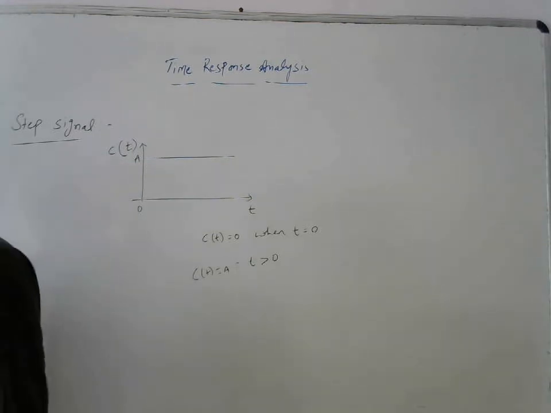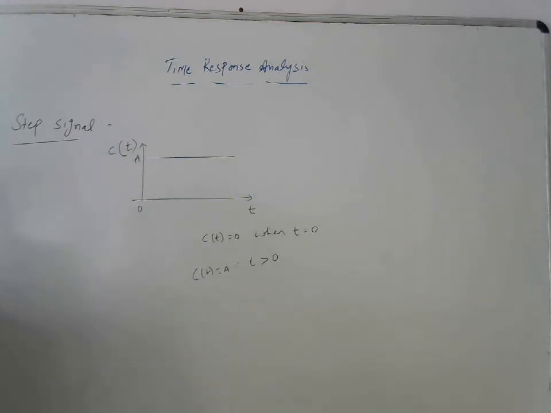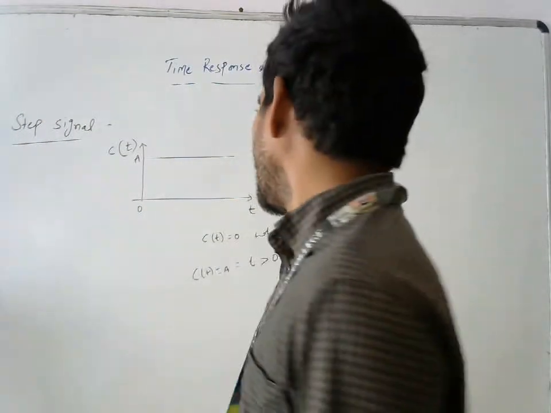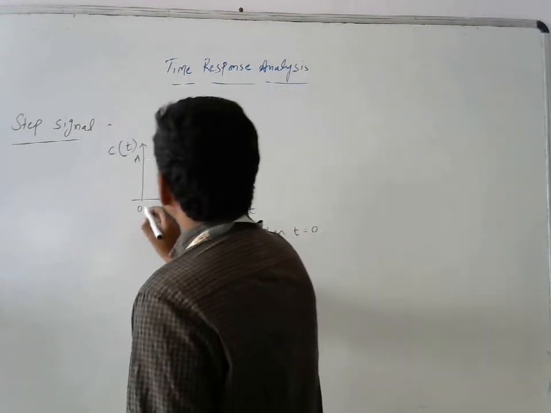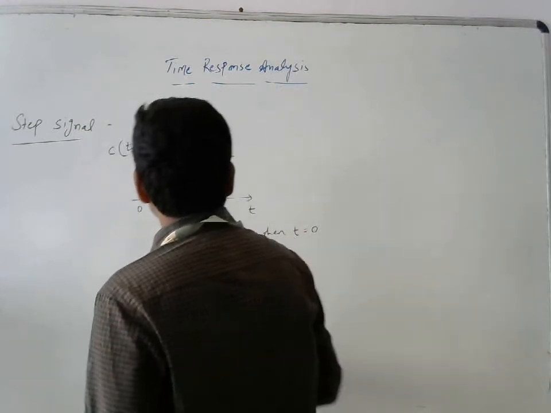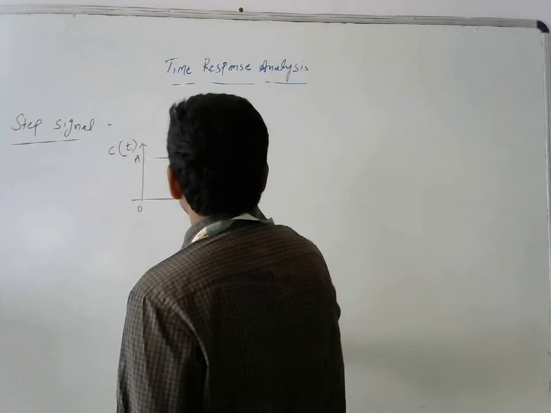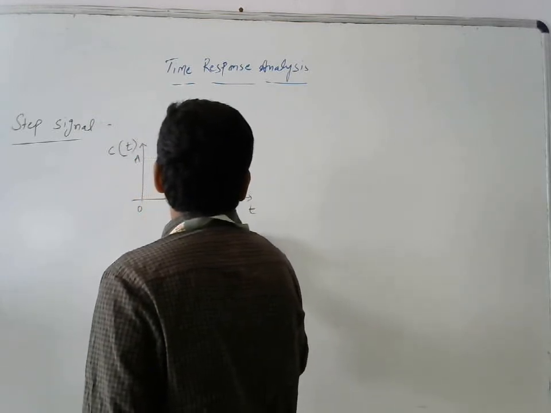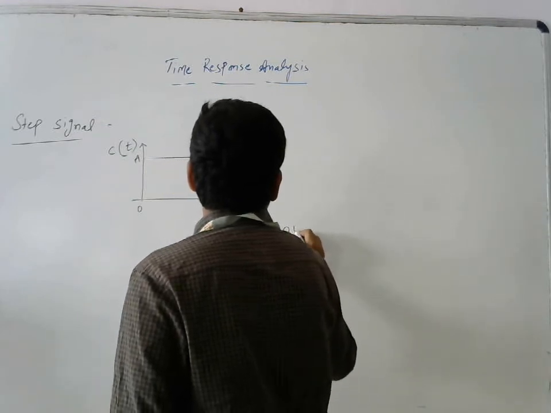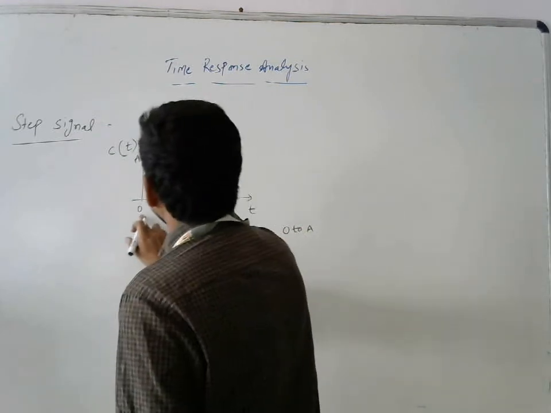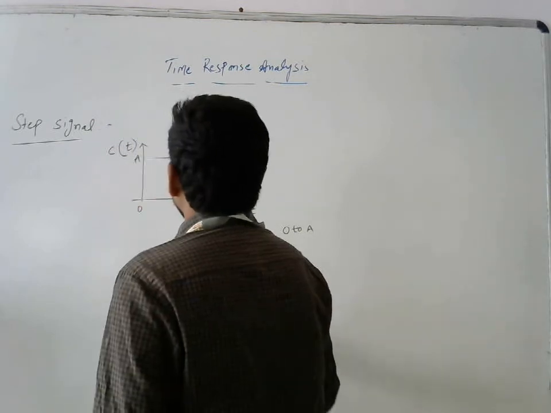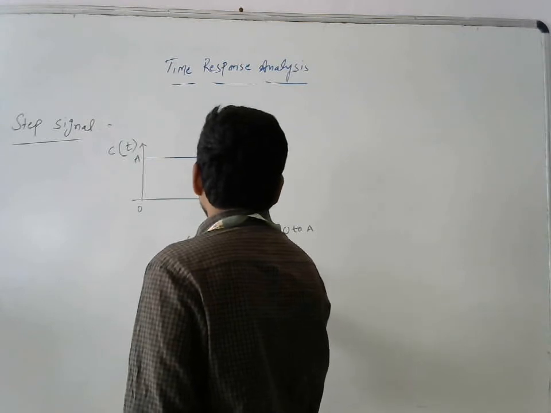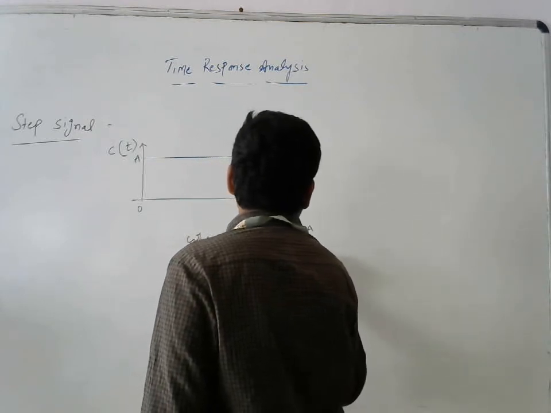That means when t equals 0, it changes from 0 to A. When t is greater than 0, it will be a constant.